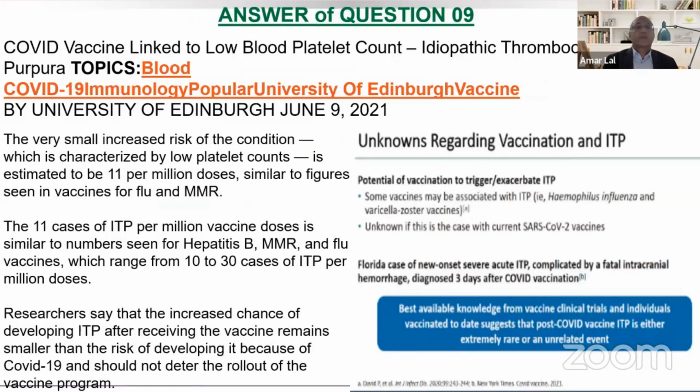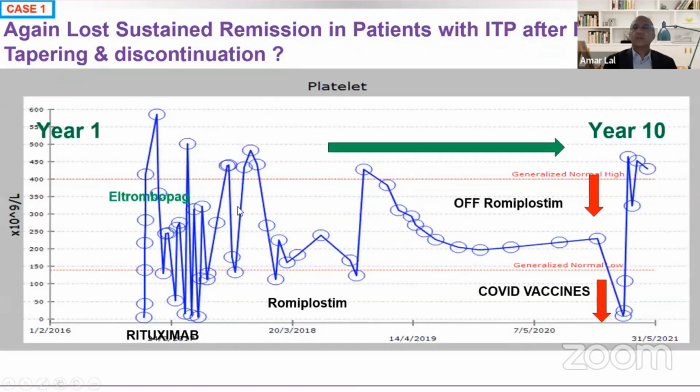Some people are scared that it may cause thrombocytopenia, but the data indicate there is no problem, because about 11 per million doses of thrombocytopenia happen even with the flu and MMR vaccines. Similarly, with other vaccines like hepatitis B, there are also 10 to 30 cases per million doses. So it is similar to this one.